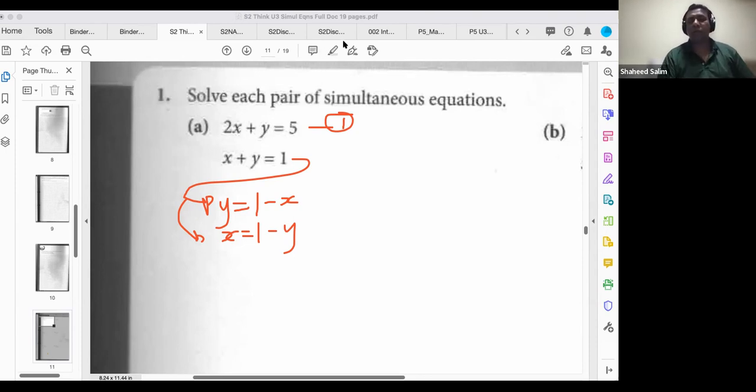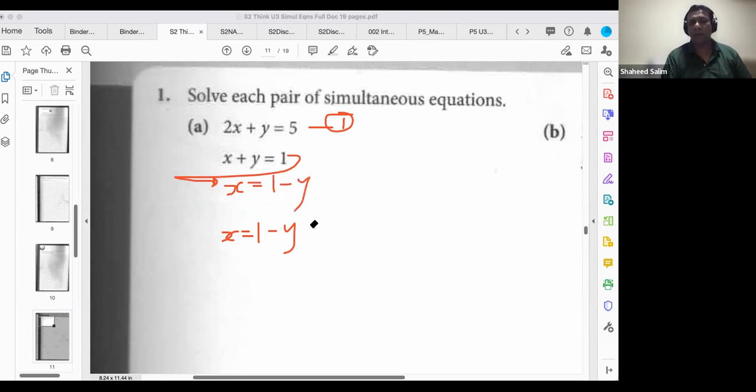Okay, I tell you what. Now you try to substitute. I changed this one, now we do a little bit different. I changed equation 2. I make it like that: x equals 1 minus y. Okay, I want you to do this step now. Substitute, SUB.